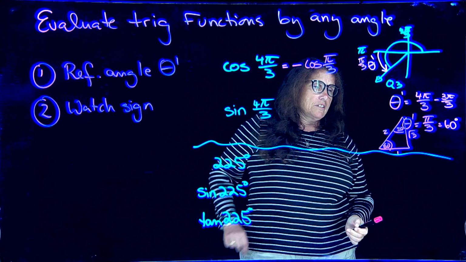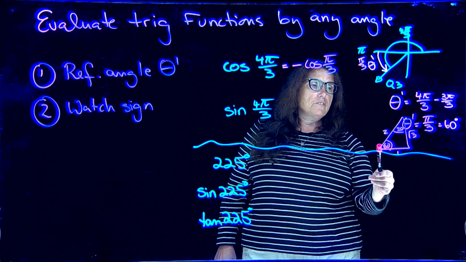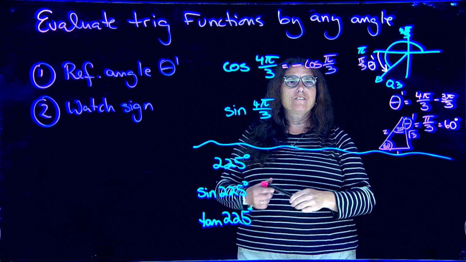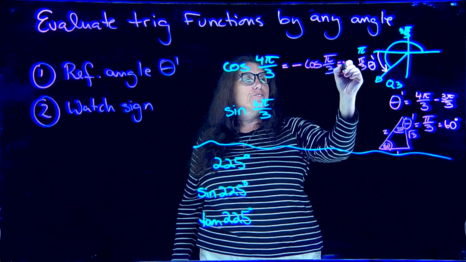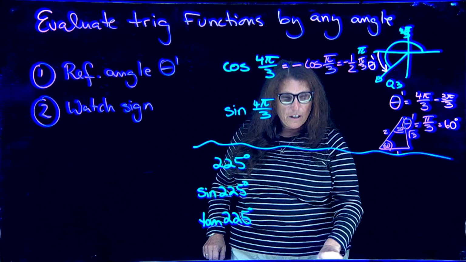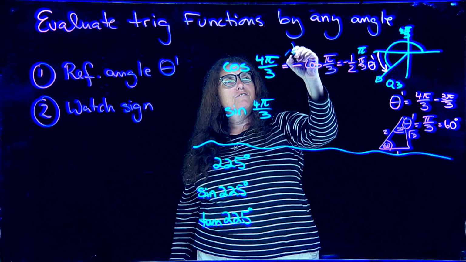And the cosine of pi over 3 is what? The cosine of 60 degrees is 1/2. So in this case, that would be equal to negative 1/2. So the cosine of 4 pi over 3 is equal to negative 1/2.